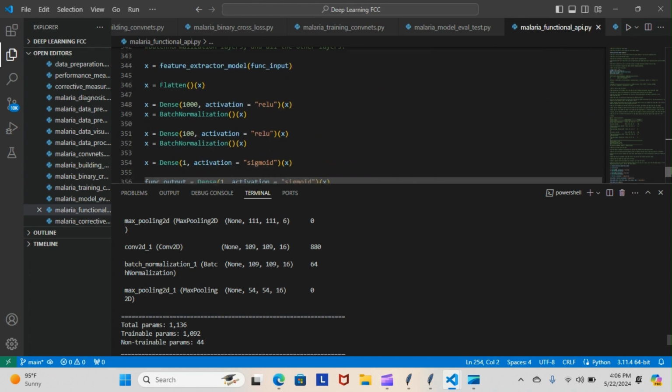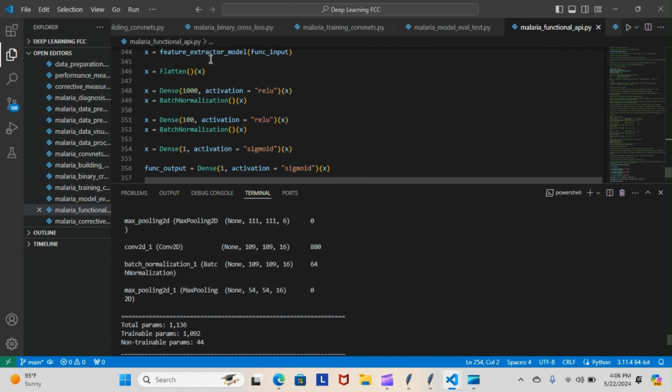As you can see, we have x equals feature extractor model, with the function input. This represents all of our Conv2D information, the max pool, and all of that compacted into this feature extractor model, and it should output 54, 54, 16 if we've done everything right.